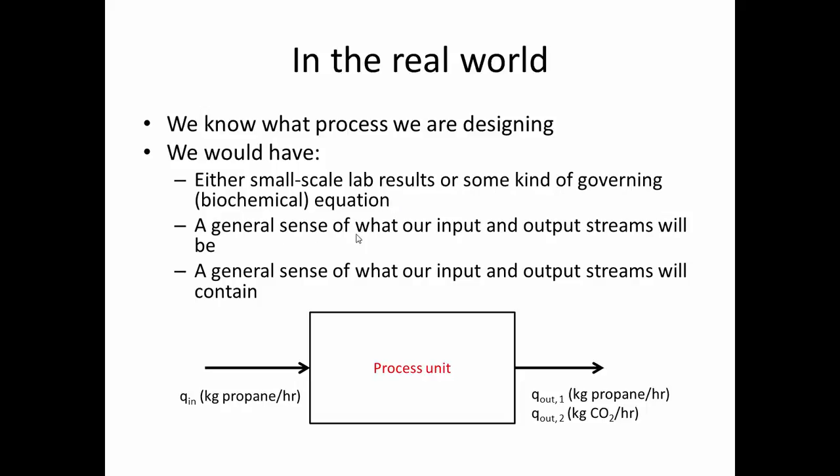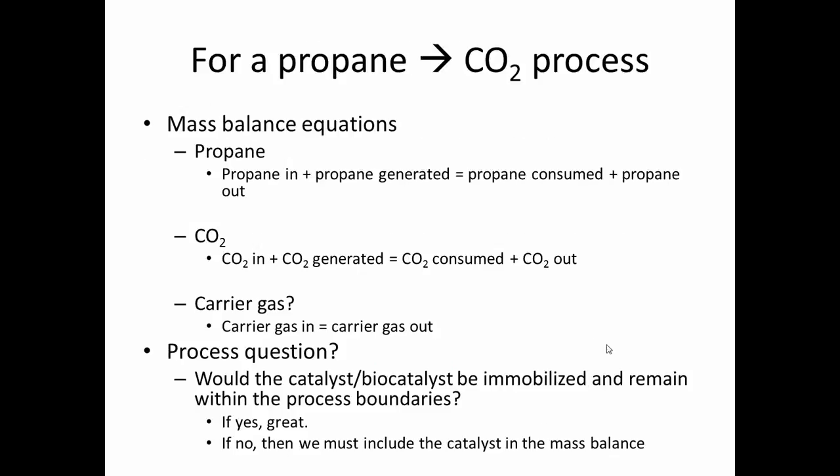We would have a general sense of what our input and output streams contained, so we wouldn't be missing a whole stream of something. We would know that there's less propane in Q out, but there is also some carbon dioxide appearing. So we can reasonably assume that propane is converted to carbon dioxide.